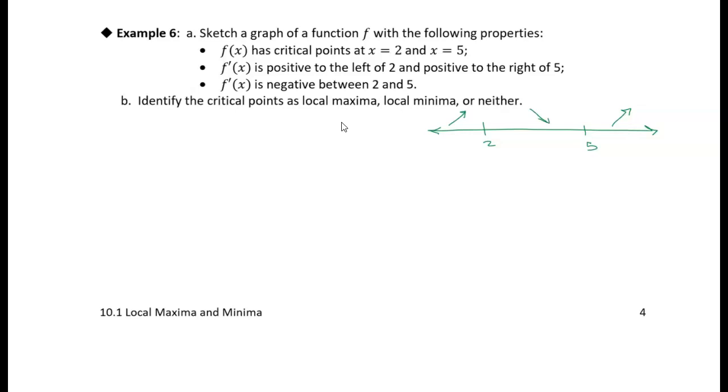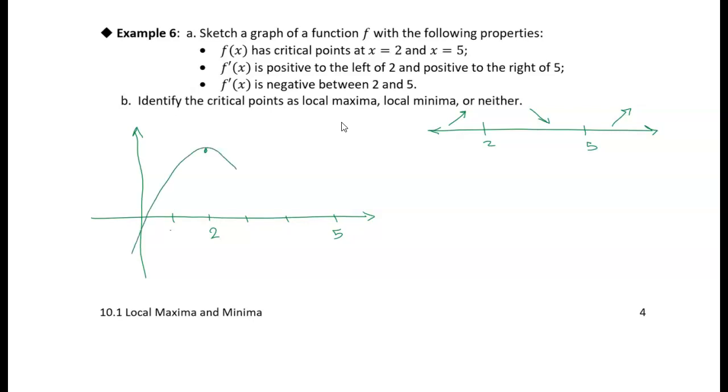Just looking at that, I can kind of tell what the shape of the function is going to be. Now, I can't actually draw this function with any kind of accuracy because I don't have enough information. Here's 2 and here's 5. I know it's going to have a maximum at 2, because it's increasing, the derivative is 0 because it's a critical point, and it's going from increasing to decreasing, so it has to be a maximum. I'll just draw a random point.